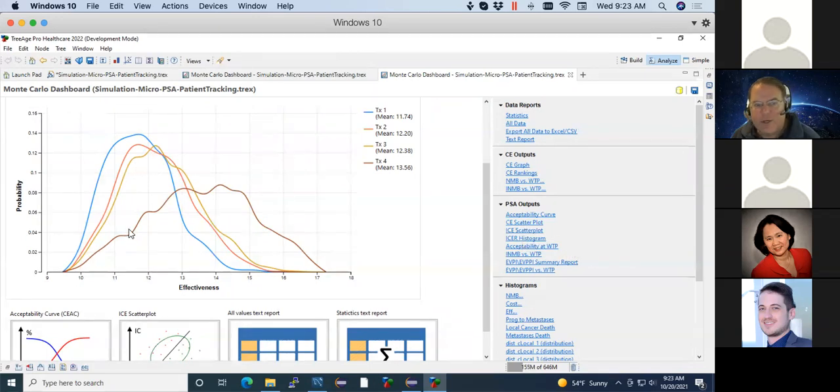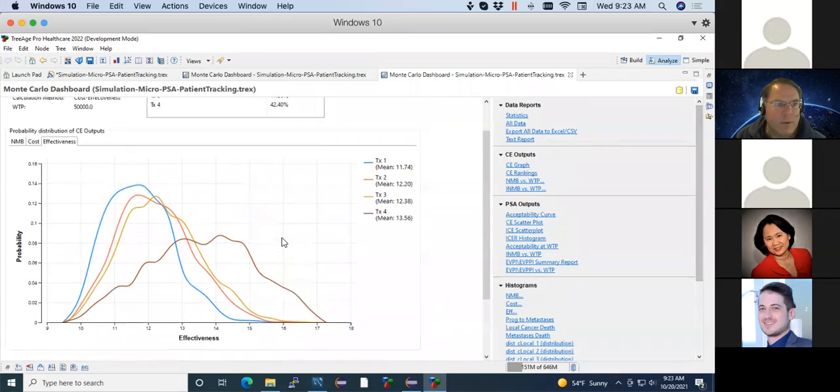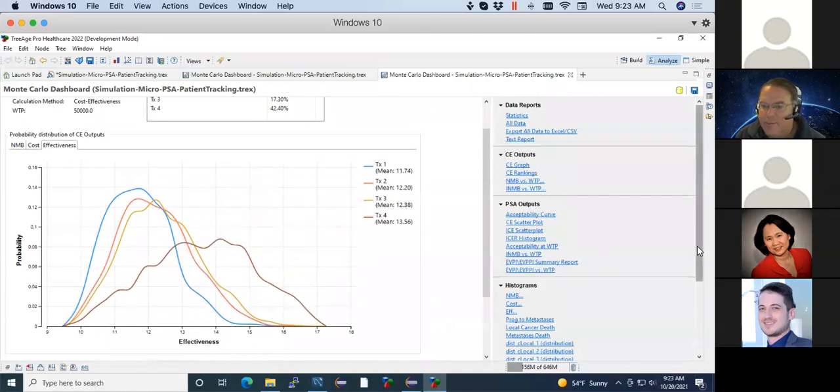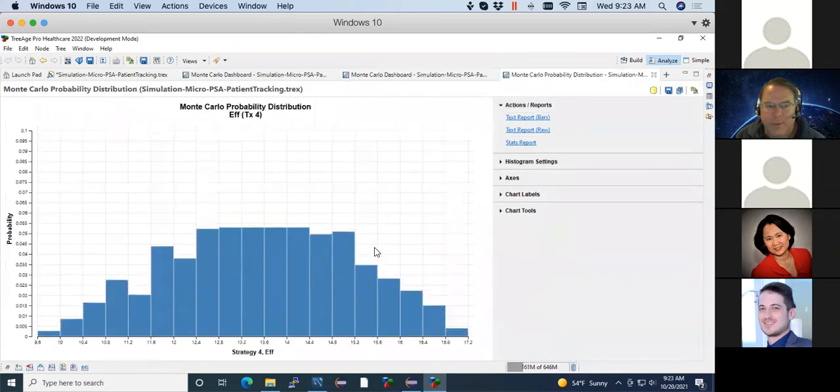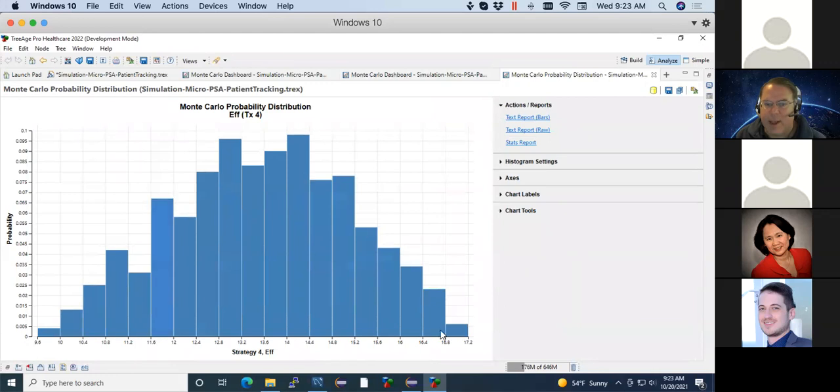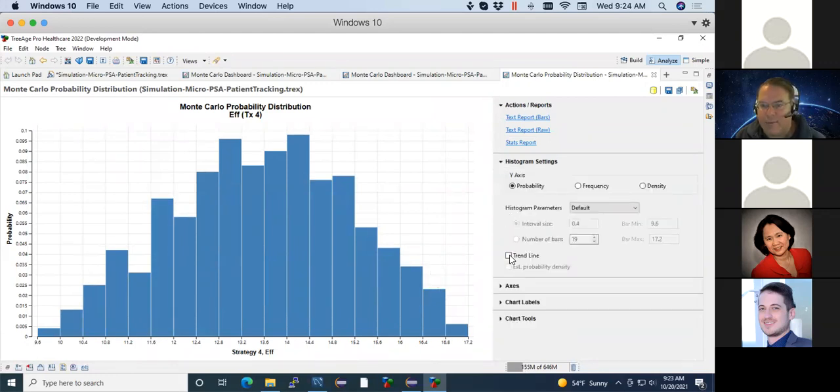This I'm a little concerned about, because what this is really, it's a trend line from a histogram. So if you think about this treatment 4 histogram, the gray one, what are we looking at? We're looking at effectiveness. It's really this one, effectiveness, treatment 4. It's this histogram, and then that histogram with a trend line.